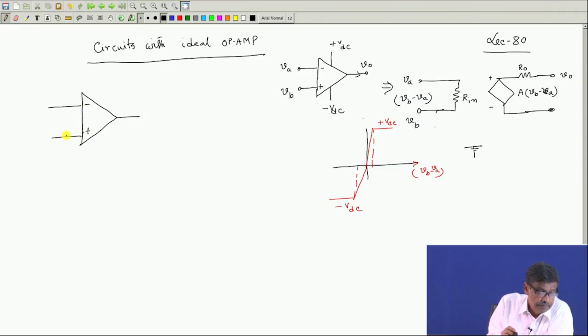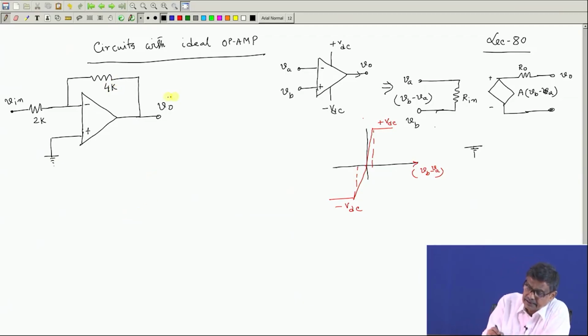Here you connect a 2K resistance, and here you give the input V in, which is connected to terminal A. This one you keep grounded, and here you connect a 4K, and this is your output voltage.